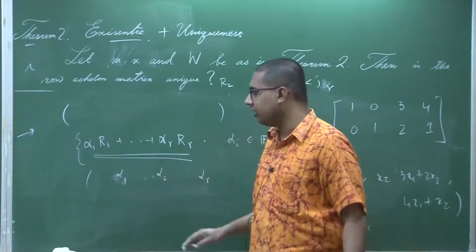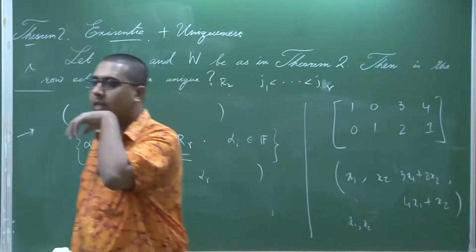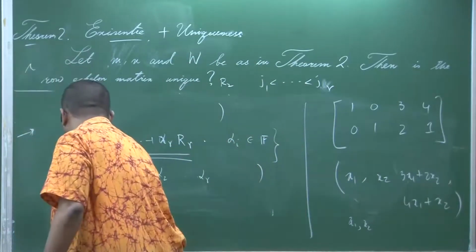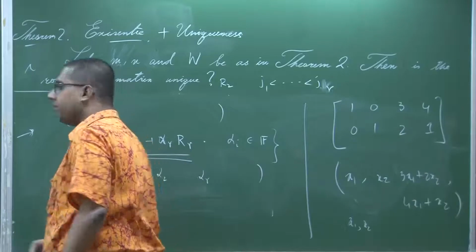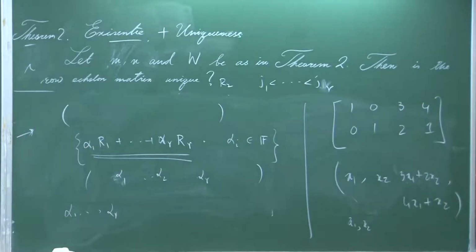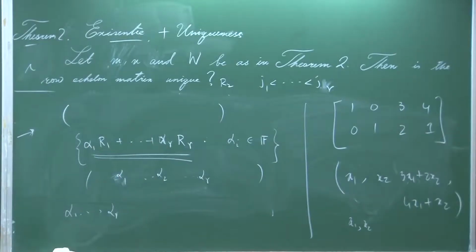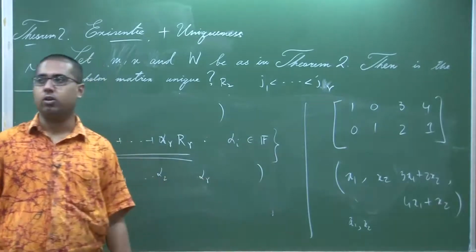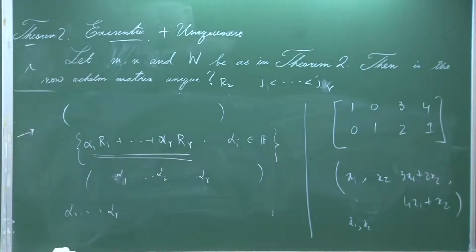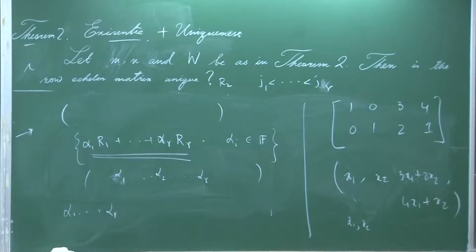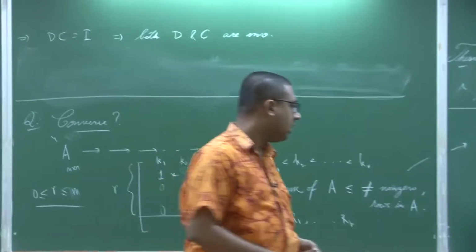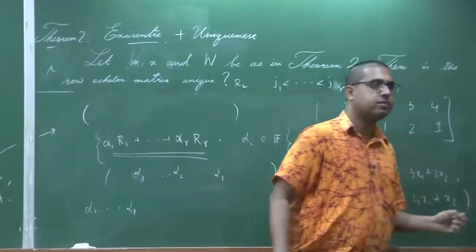That goes in generality too: given any alpha 1 up to alpha r, the row space has a unique vector whose kj-th coordinate is alpha j, where j runs from 1 up to r, and the other coordinates are expressed in terms of these coordinates.